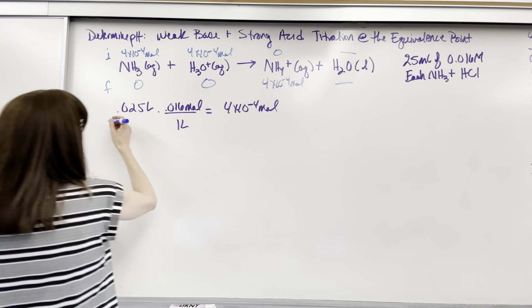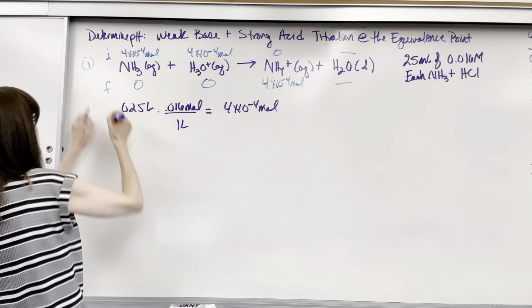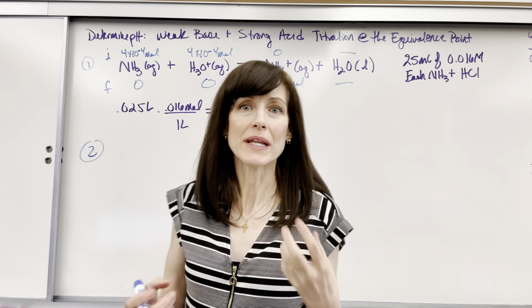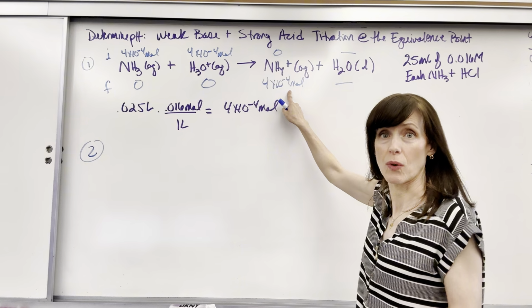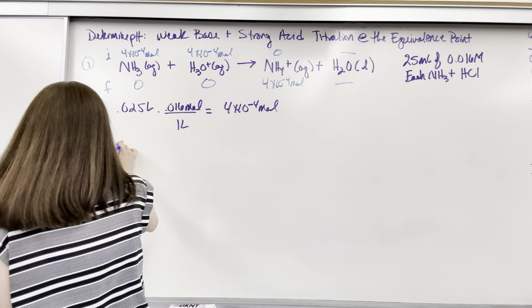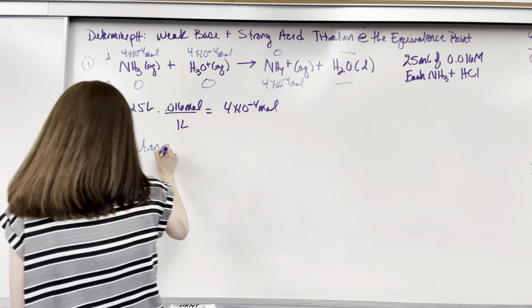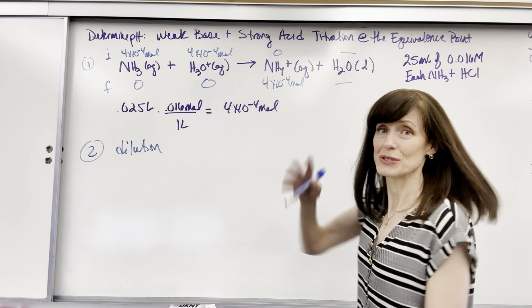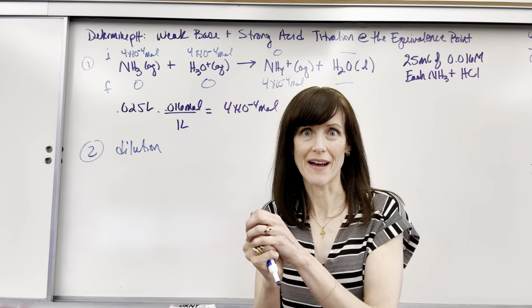So here's my step 1, initial final moles. Step 2, I call it the dilution. We need to find the new molarity of what's left over. We've got to find the total volume. Remember, we added 25 mL and 25 mL.